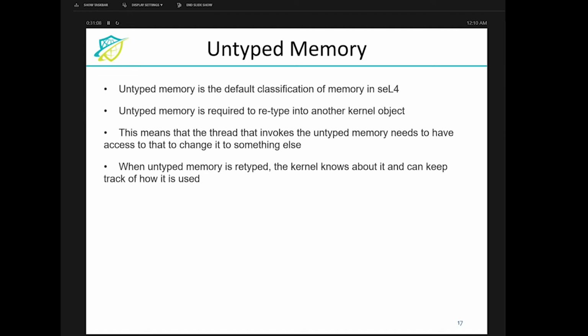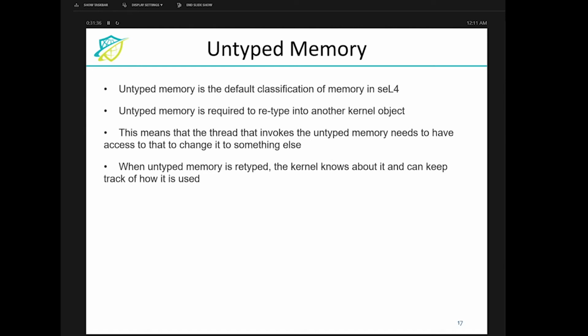This means that the thread that invoked the untyped memory needs to have the access to change it to something else. You can absolutely set up your CSpaces where the thread that you created is unable to change your untyped memory. Obviously a bad idea.